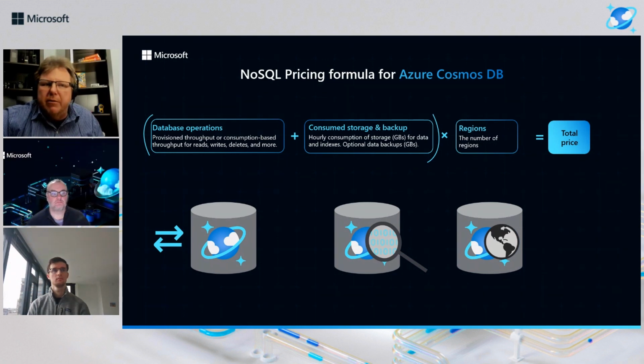We had a look at some of the details on optimizing RU cost for specific operations by choosing an appropriate indexing policy, and a quick look at how to choose a partition key and how that impacts the query costs, and how to tune your queries so that you can optimize, taking that into account.